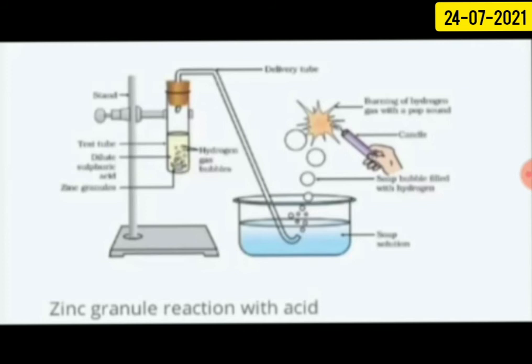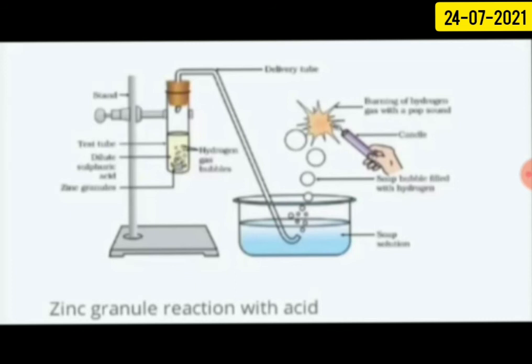Set the apparatus as shown in the picture. Here take about 5 ml dilute H2SO4 in a test tube and add a few pieces of zinc granules. Then what will happen? A gas comes out from the tube.